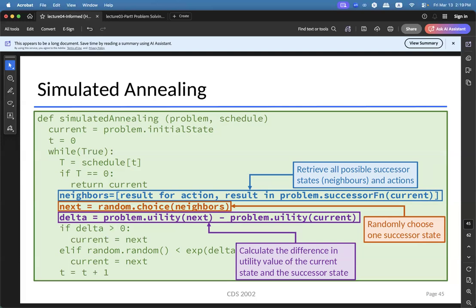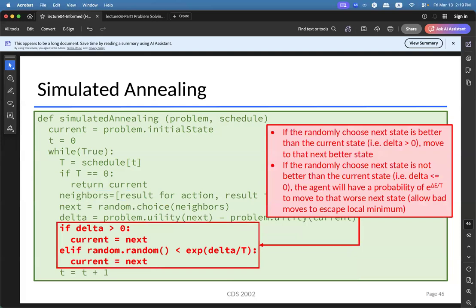If delta is larger than zero, meaning the next state is better than our current state, then we move to that state.